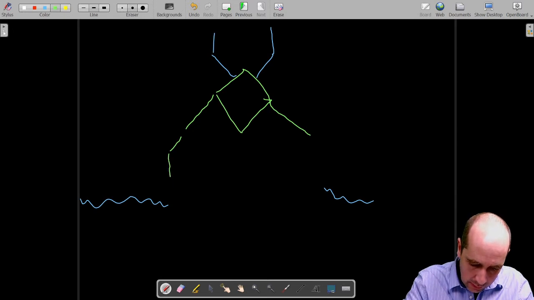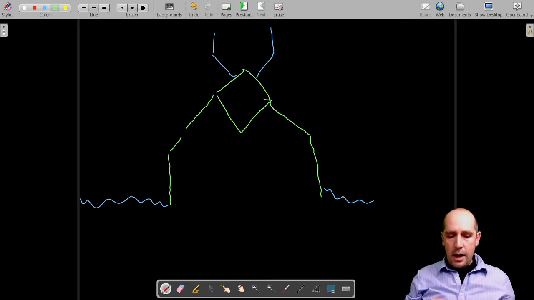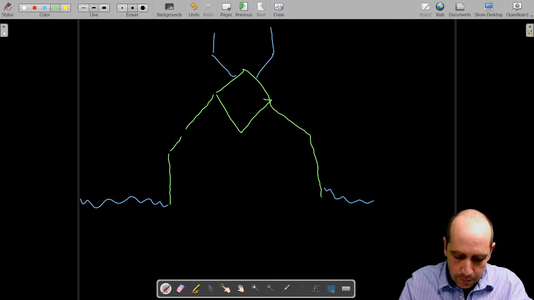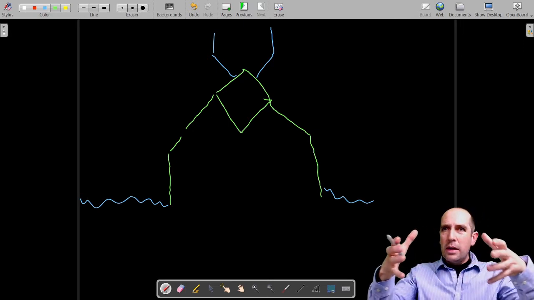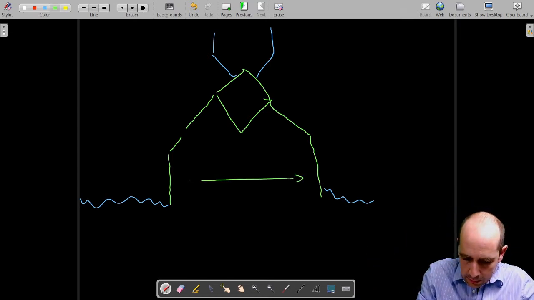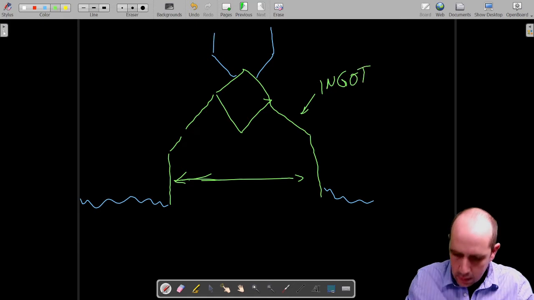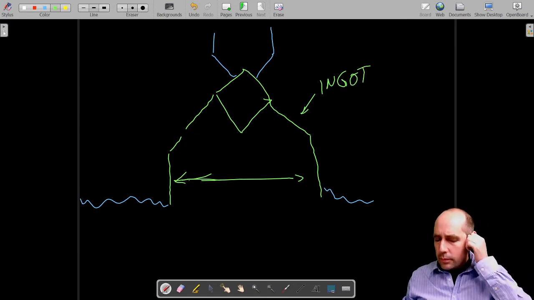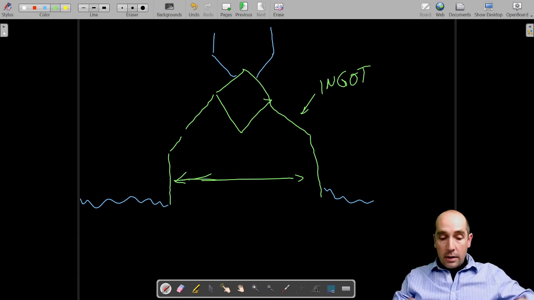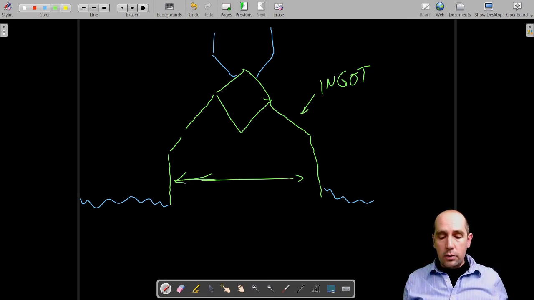By controlling the pulling speed, the speed at which we pull the seed out, and also the rotation, we can control how big this thing gets. So we can more or less control the diameter of this thing that we will call the ingot of silicon. And again, heat keeps flowing, so the ingot is at lower temperature, of course, than the mold, and the mold keeps adhering to the ingot.